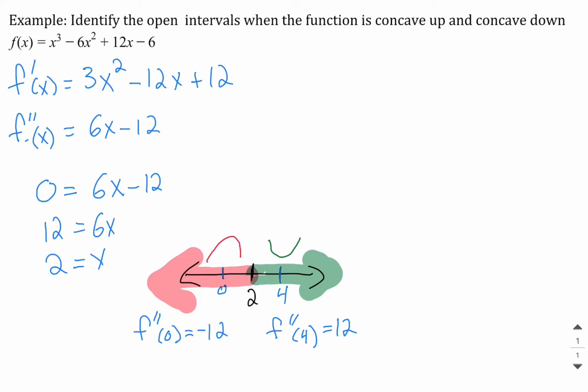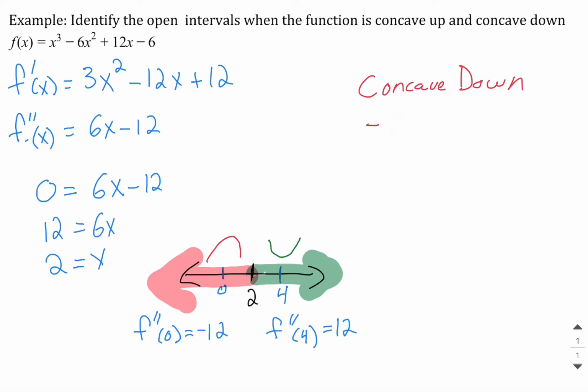So if we were to write the intervals, we would say we are concave down, right? So, oops, let me erase that. We are concave down for everything left of 2.